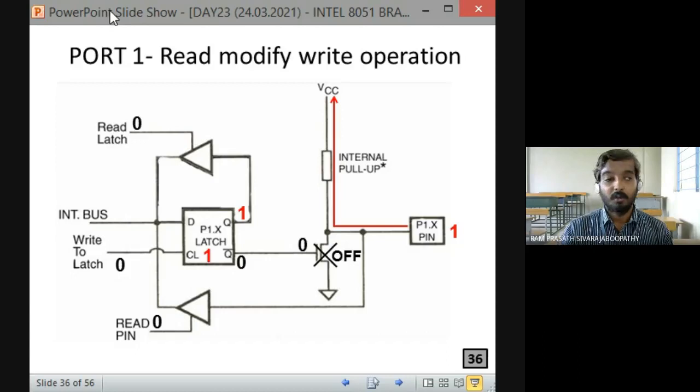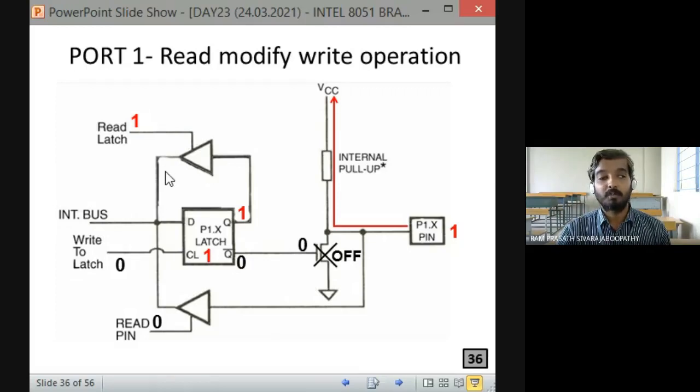Yes. So out of the 3 signals, which signal must get enabled now? Read latch, write to latch, read pin. Which of the 3 signals gets enabled when the instruction executes? Yes, very good. Read latch. So that signal goes 1. When the 1 logic goes, what about the input to this buffer? 1.